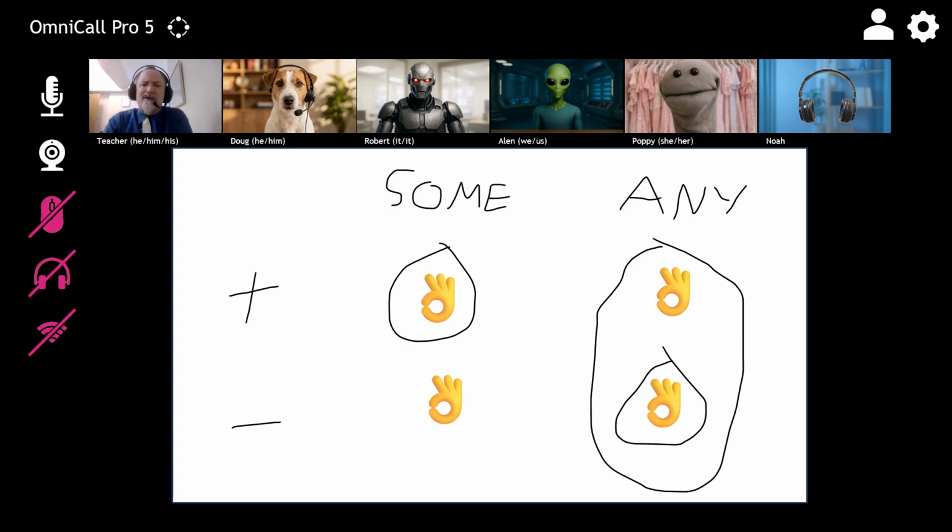A pizza restaurant that truly does have any pizza would be in a building that's the size of an entire country. The reason nobody says we have any pizza is not because of a grammar rule. It's because a pizza restaurant that had any pizza would break the rules of science. It would break economics.